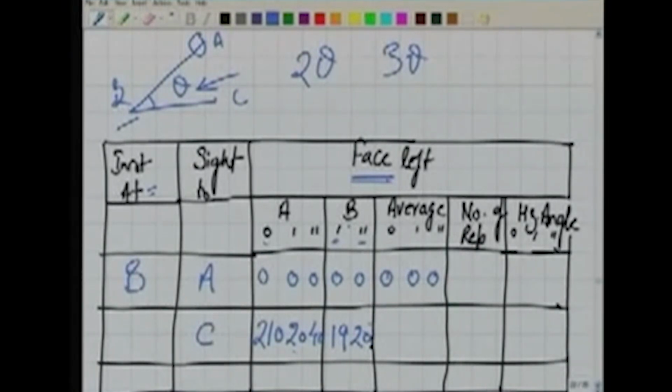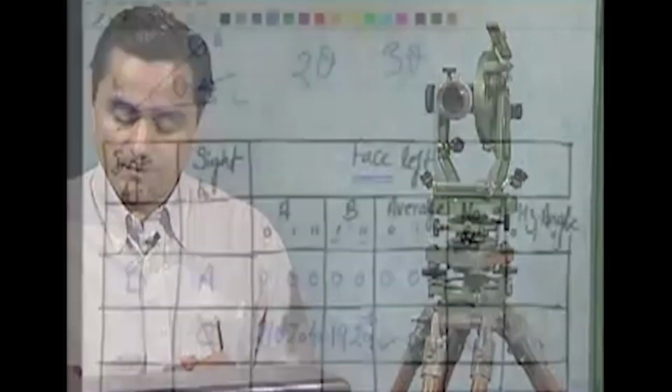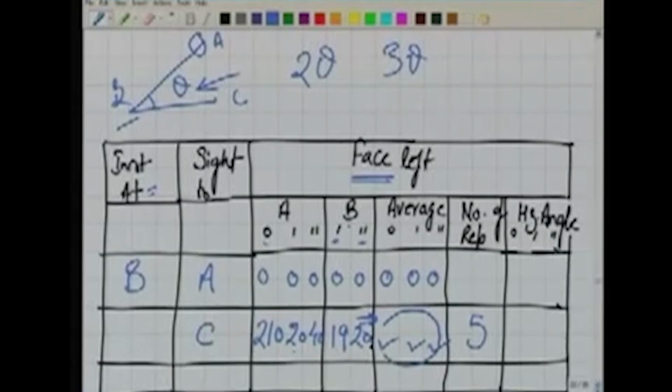And then I take the average of these two. So the average of these two will reach here, and whatever the average value, I will write that average value here. How many repetitions? Let us say I had done 5 repetitions. So what is the value of the angle? Well, whatever is this total value over here, divided by 5 will give me the horizontal angle.